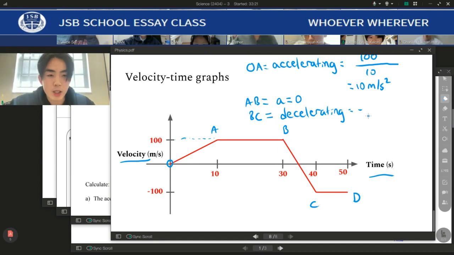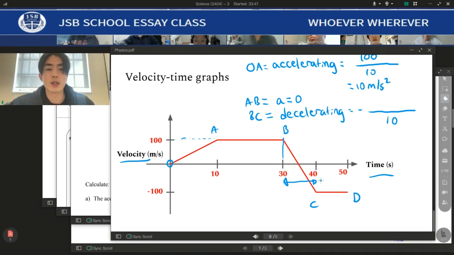So if you look at B to C here, what's the velocity from B to C? What's the time first? You have to be careful, because B to C, B starts at 30 and C finishes at 40, so the time is this time here. So it's going to be 10.